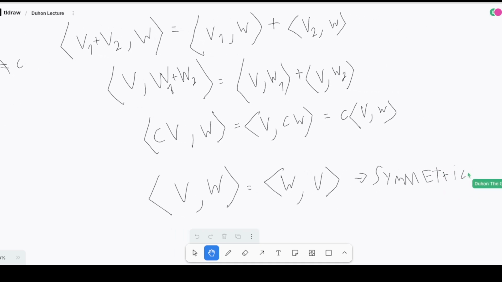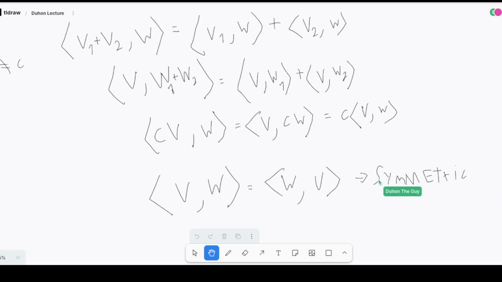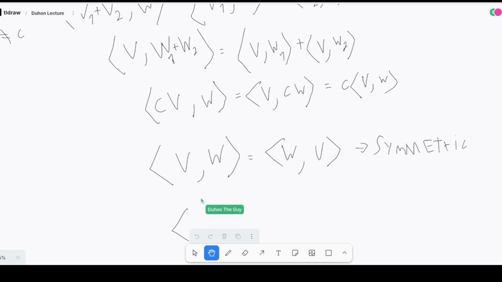I think I wrote that correctly. So this guy is going to be symmetric. And that's not going to be true all the time. It's going to be very useful when it is. And I'm going to touch on it later on. It leads into a concept that is called orthogonality, and it's very good for studying that.